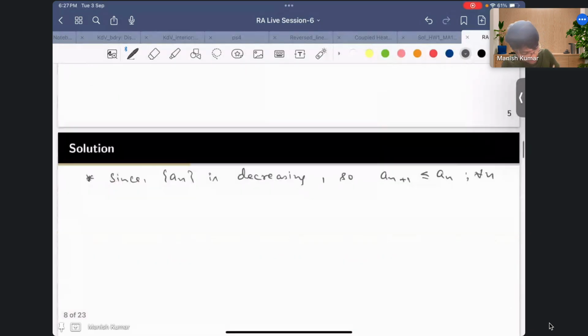Now, if you write an, it is nothing but root an times root an.